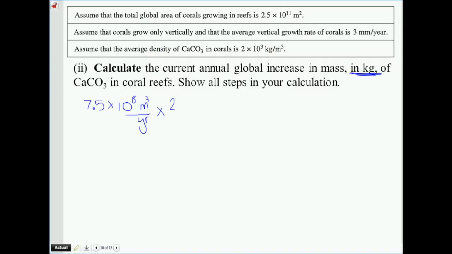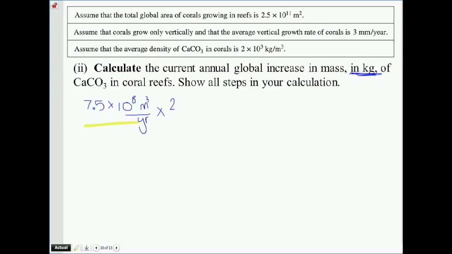Make something easy because you're making it up. So in part 1 you would say 8 times 10 to the 10, let's say. And then in part 2 you would put 8 times 10 to the 10 in this part instead of 7.5 times 10 to the 8, and then work out the rest correctly, and you'd at least get a point for part 2. So that's kind of handy.